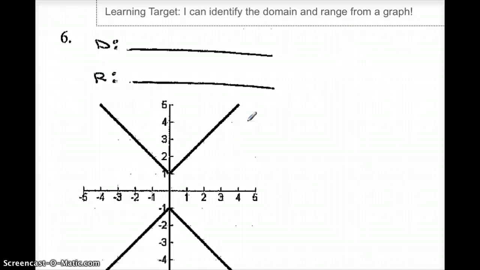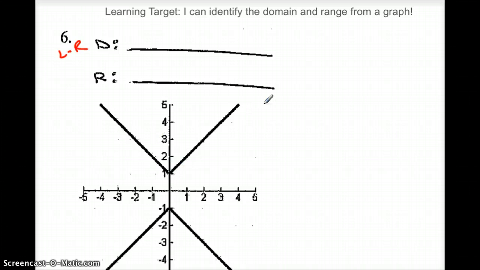A couple more I want to show you, and then I'll probably run out of time here. This guy, it doesn't matter if you look at the bottom or the top part for the domain, so left to right. If you extend the V, you'll always have a place for your finger. However, his range, we've got to split it up. So, up or down.